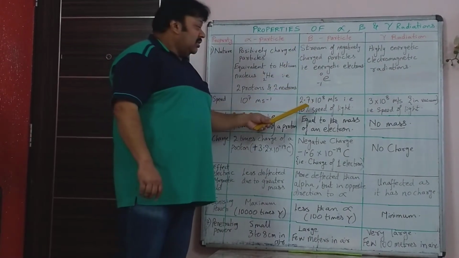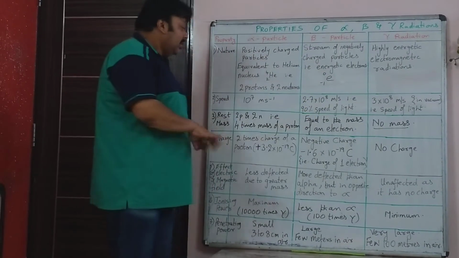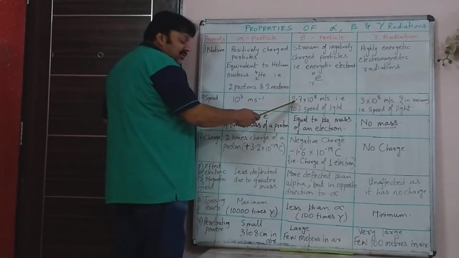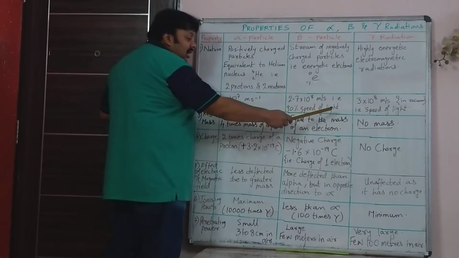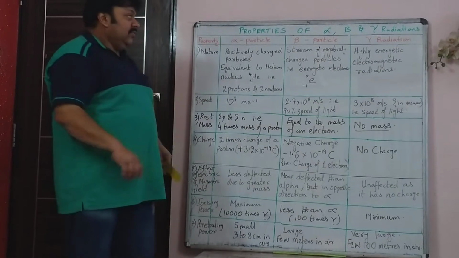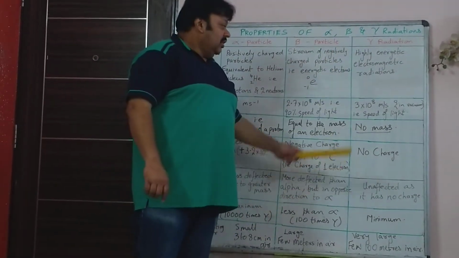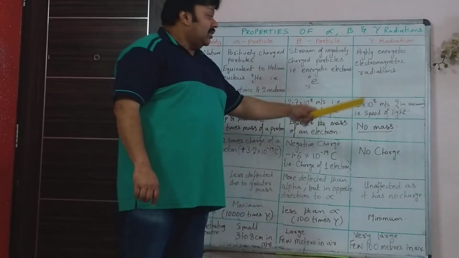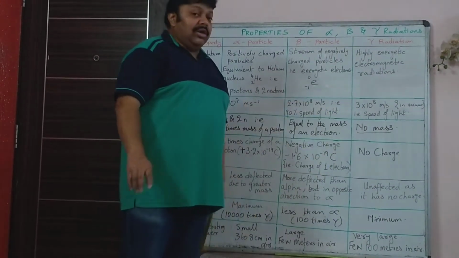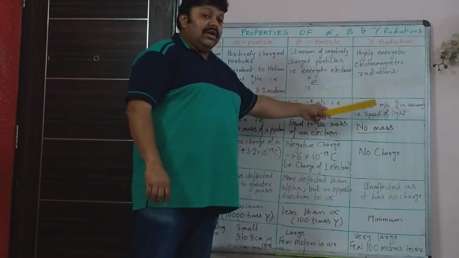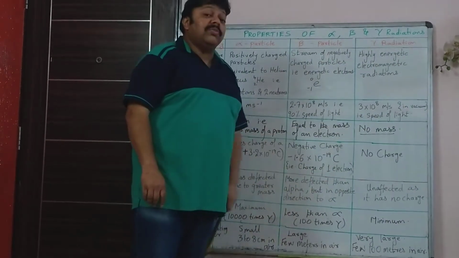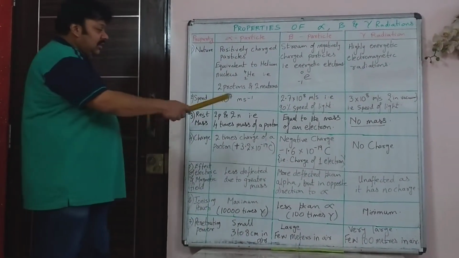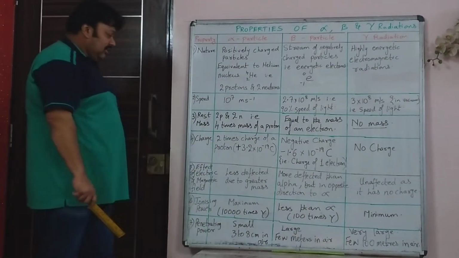Beta particles travel at 2.7 into 10 raised to 8, not the speed of light, but 90% of the speed of light. Gamma radiations travel at a speed of 3 into 10 raised to 8 meter per second in vacuum or air. So gamma radiations are the fastest, they travel with the speed of light, and alpha is the slowest.